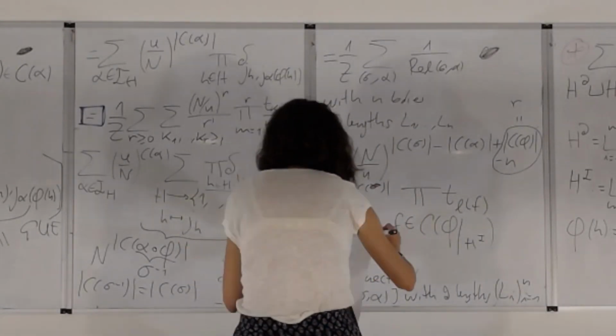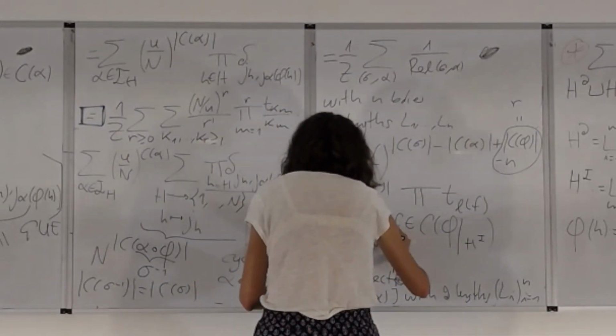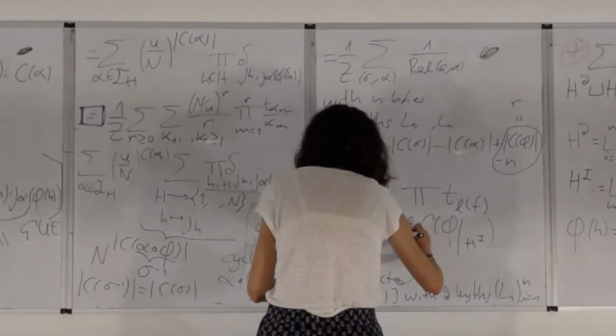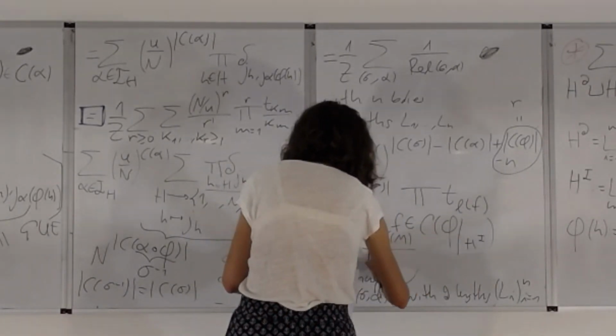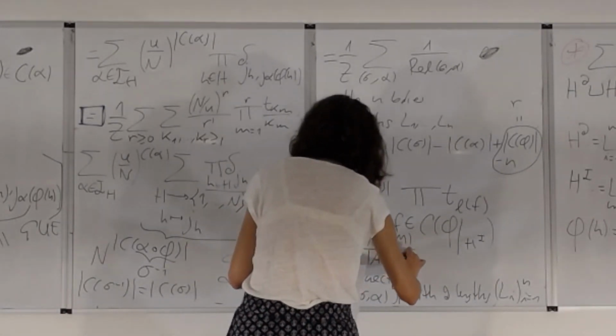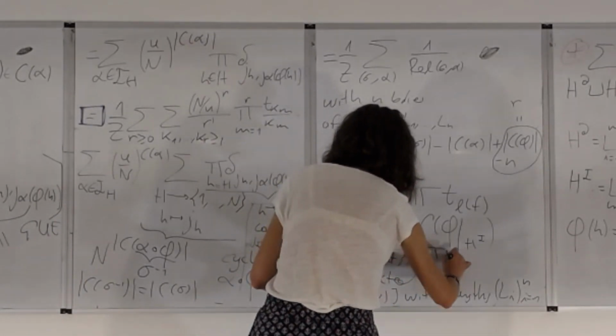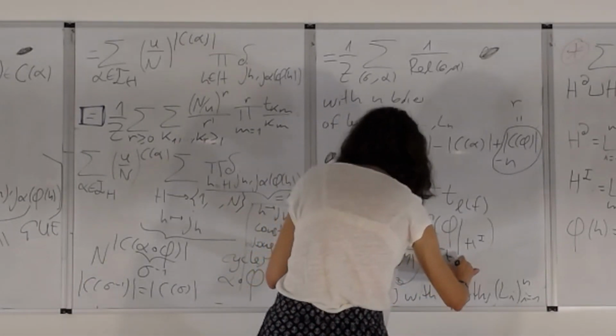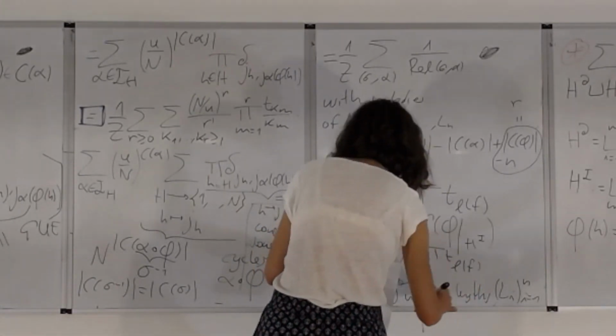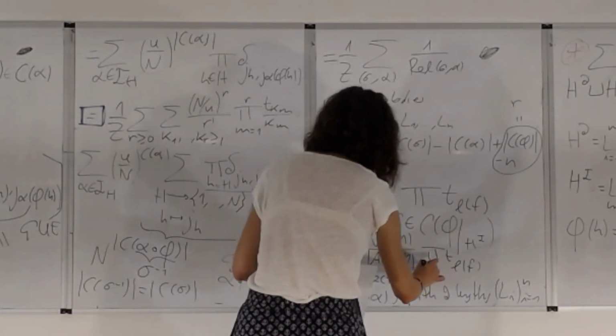And then in here, we just put n to the Euler characteristic of the map, divided by the number of automorphisms. I will tell you why. And again, the product of the t's. And the same in here.